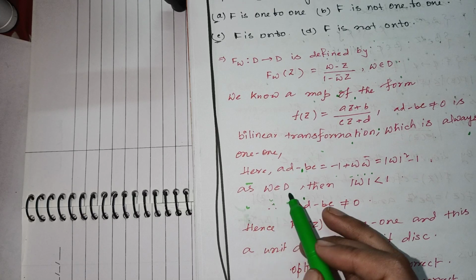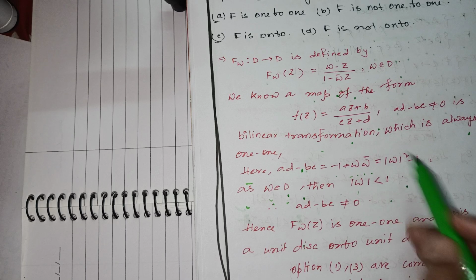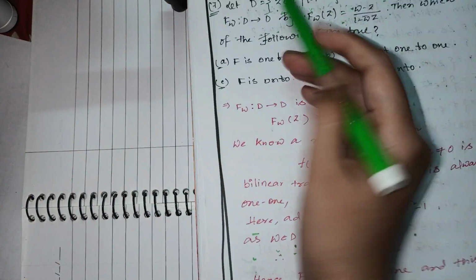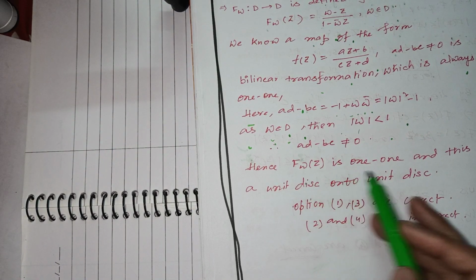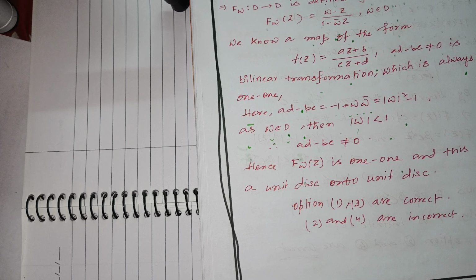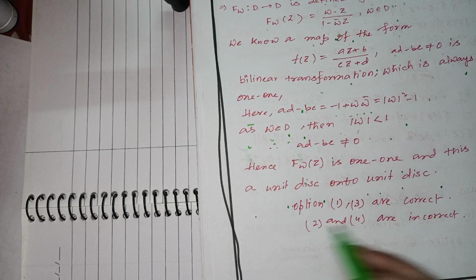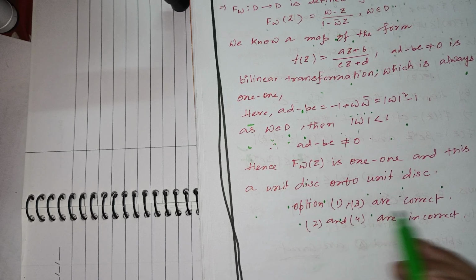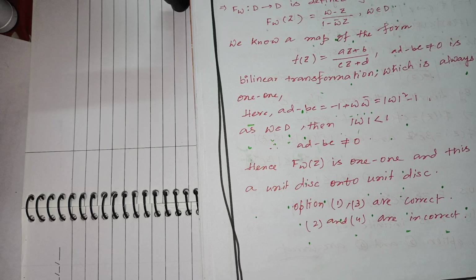As omega belongs to D, |omega| < 1, because D is |z| <= 1. So we get f_w(z) is 1-1, and this implies this maps the unit disk onto the unit disk. So options 1 and 3 are correct and 2 and 4 are incorrect. I hope it is clear. Thank you.